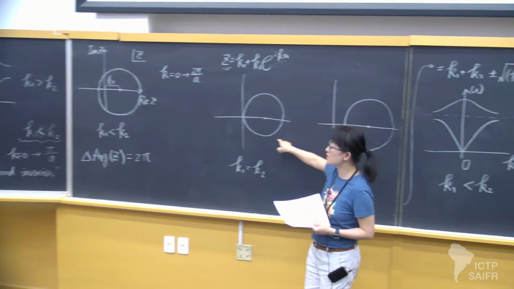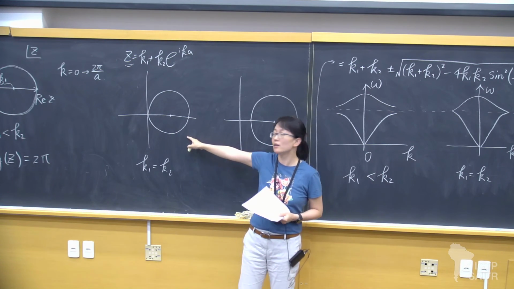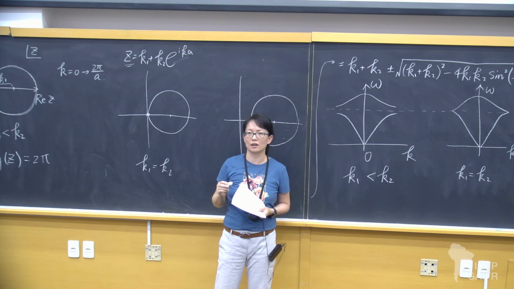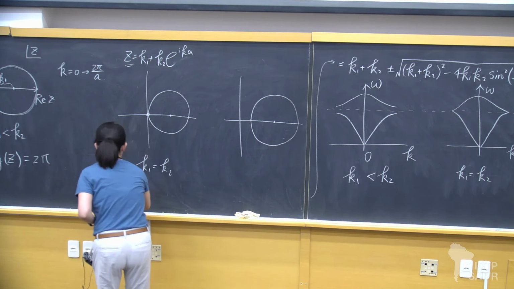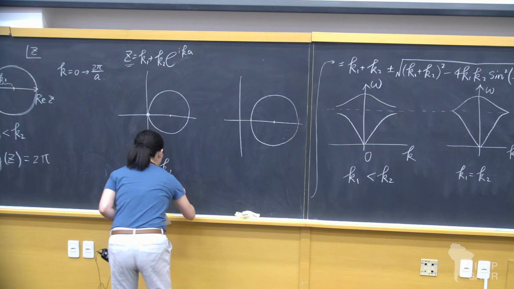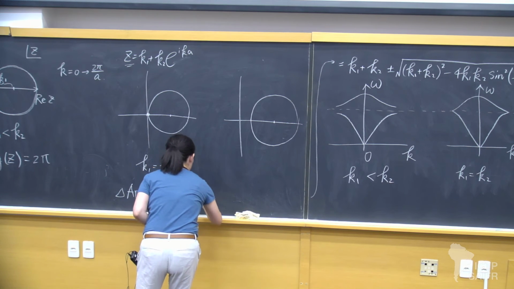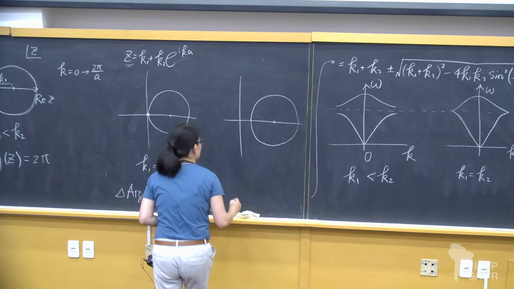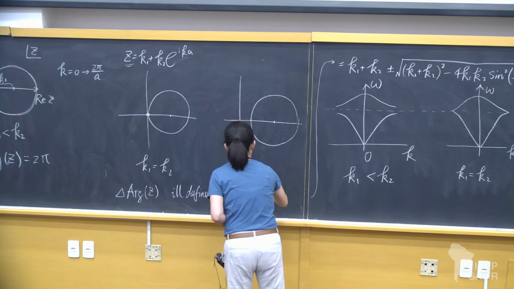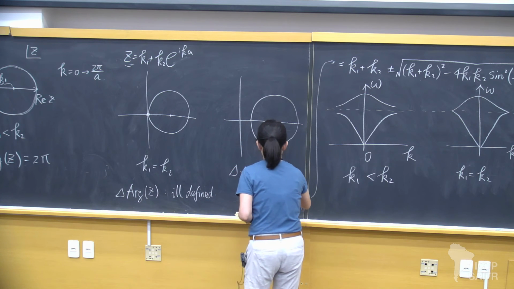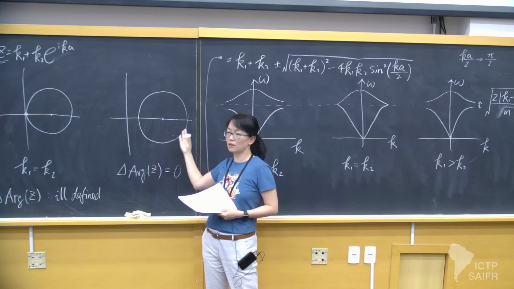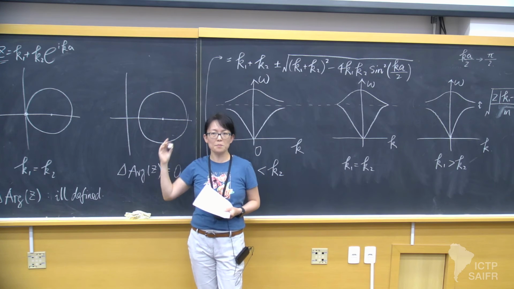And in this case, it's not well defined because at this point, you cannot define a phase angle. So this delta of argument of Z is ill-defined. And in this case, delta of argument of Z is 0. You change the phase angle, but then it goes back, okay?